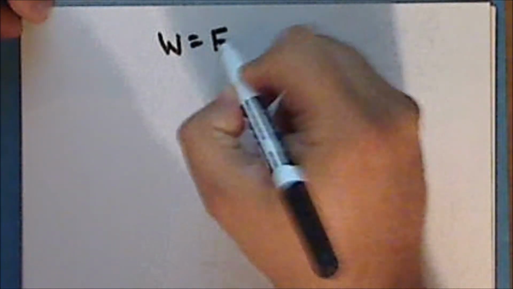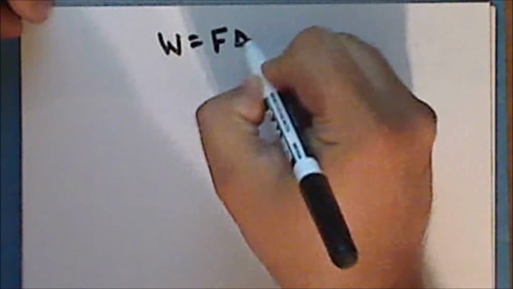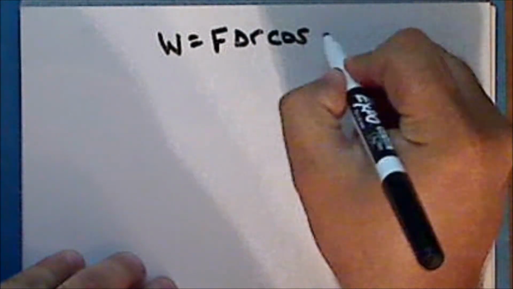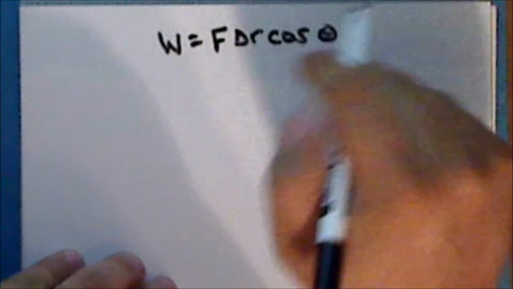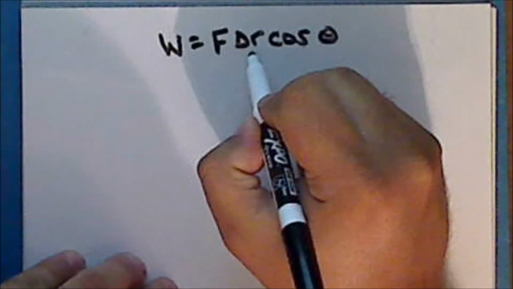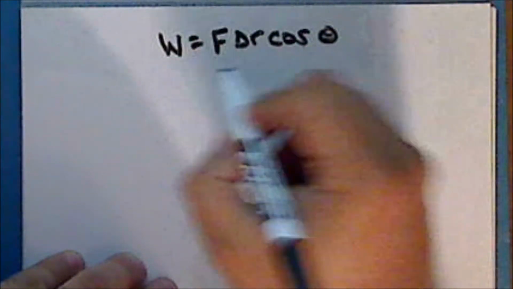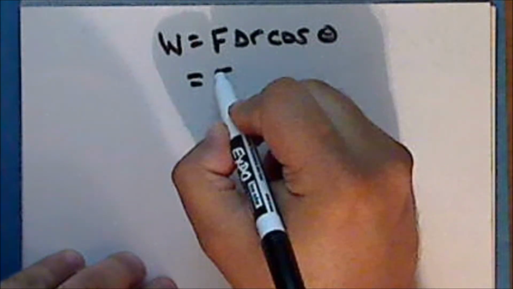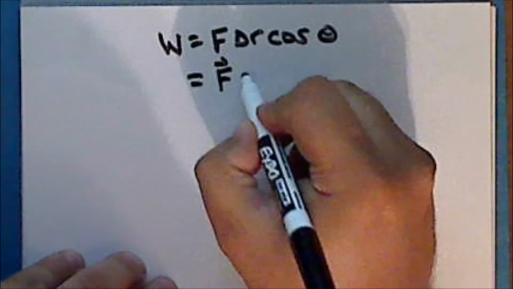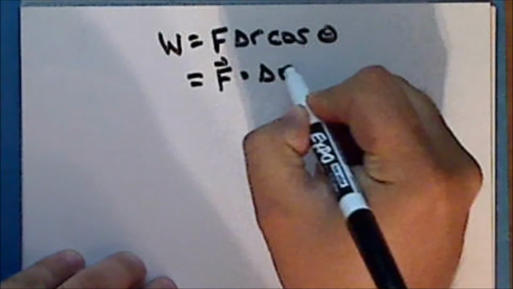Okay, so let's take a closer look at the equation for work. We have that work is equal to the magnitude of the force times the magnitude of the displacement times the cosine of theta, where theta is the angle between the force vector and the displacement vector. You may recognize this as the dot product of the force vector with the displacement vector.